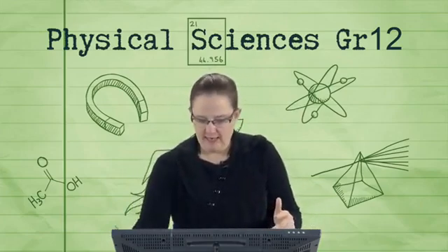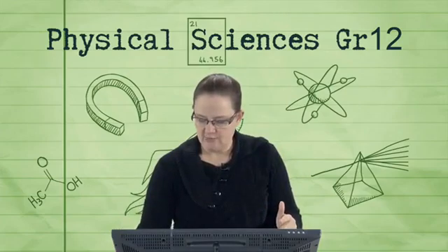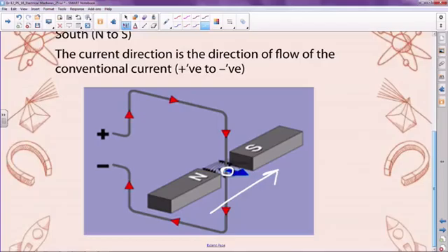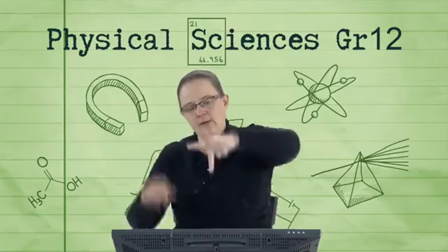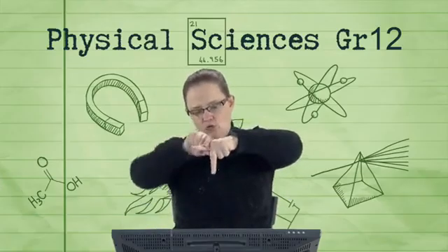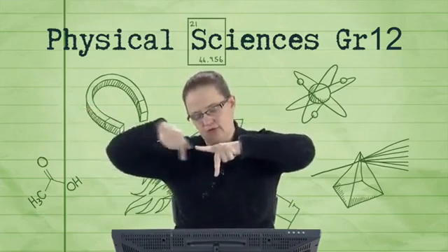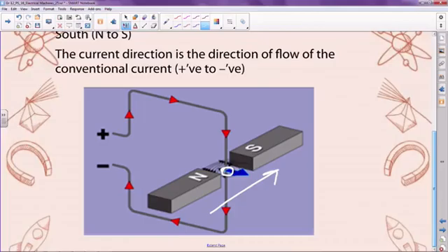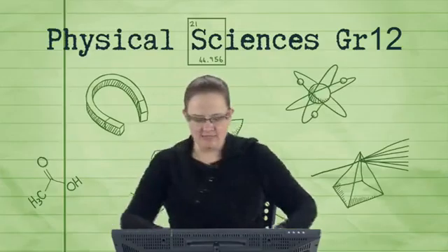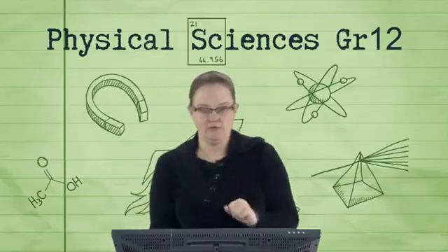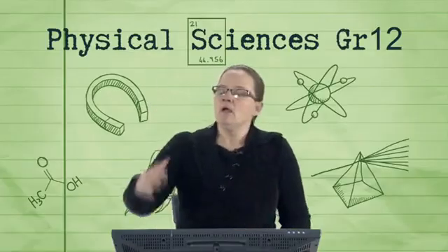So if we go back to the problem I have here, we're going from north to south. That's the direction the magnetic field's going in. My current is moving downwards, and my thumb is pointing out. And if you look carefully at my diagram, there's an arrow pointing out. That's showing you the direction in which the conductor's moving.